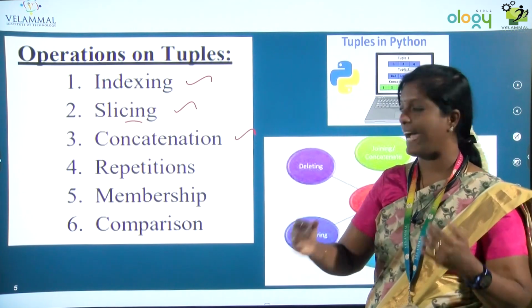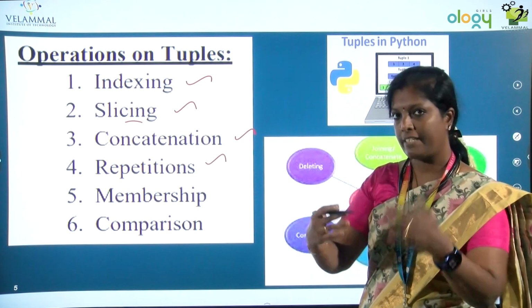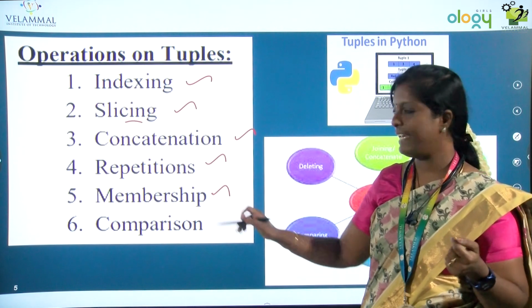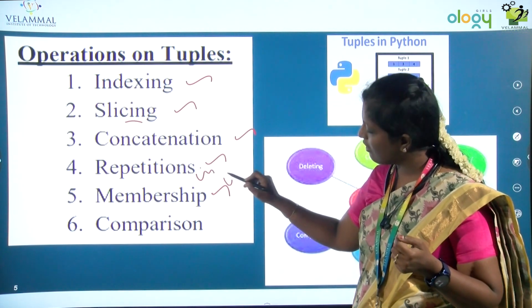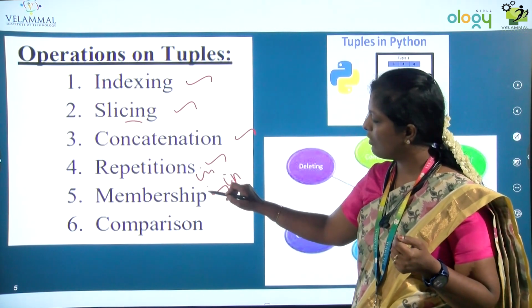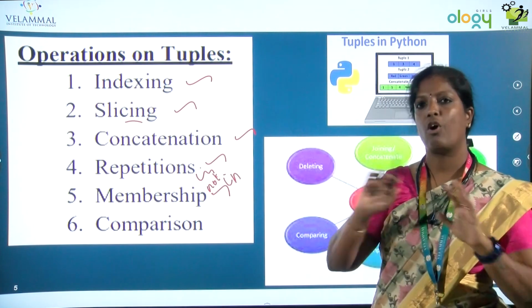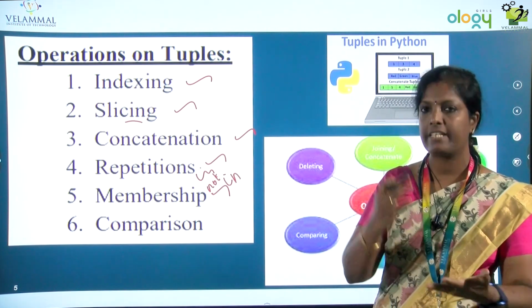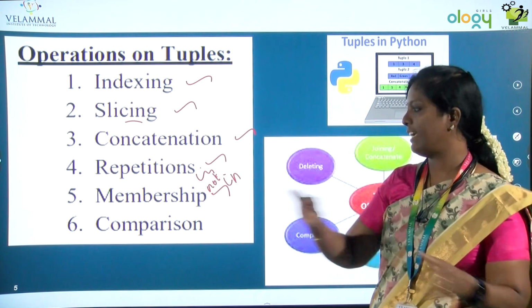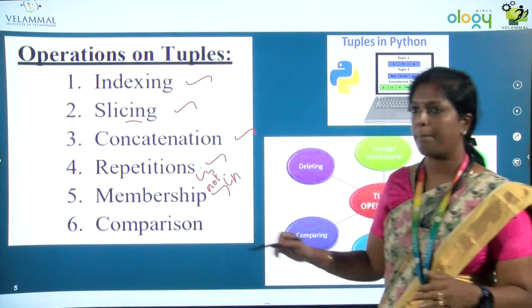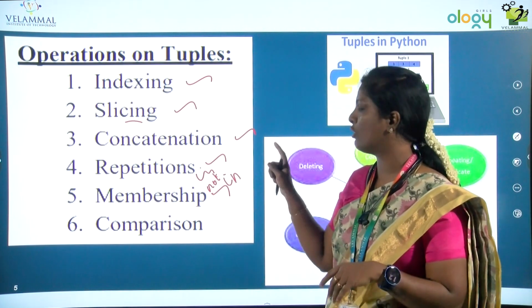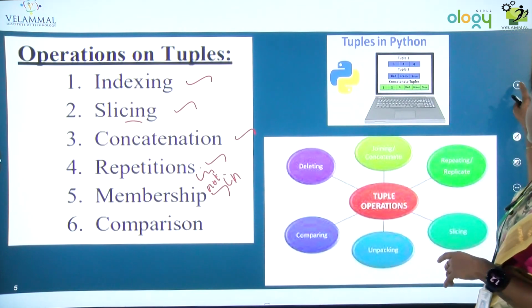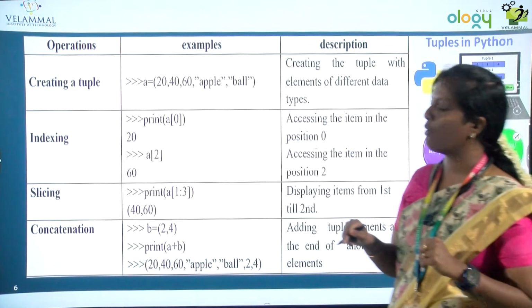Concatenation is adding, repetition is repeating the data, and membership is in and not in. These are all the same operations which continue in strings, lists, dictionaries, everywhere. Next is comparison, where you compare whether the values exist. Next, let's see in detail what the operations are.